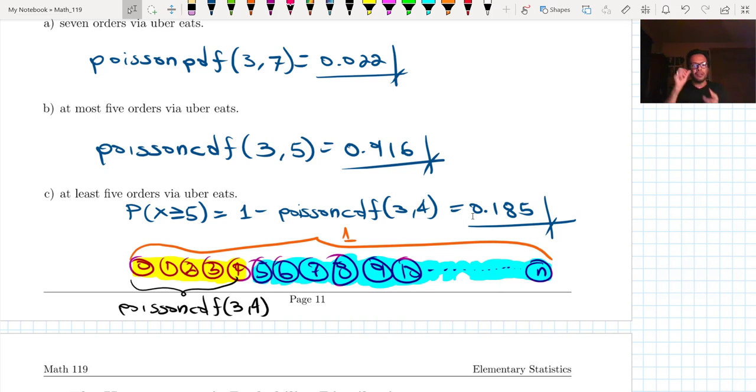So in the next topic, we're going to go over the hypergeometric probability distribution, which is going to change the game a little bit, because for the binomial distribution and the Poisson distribution, every single trial is independent of the previous one.